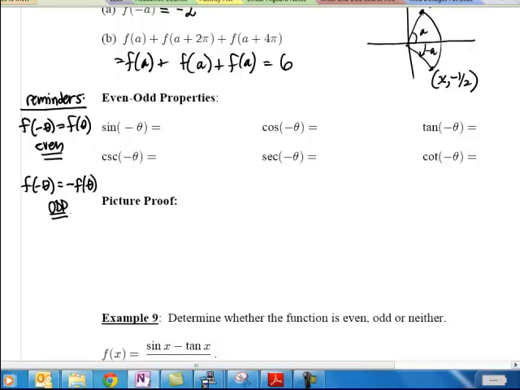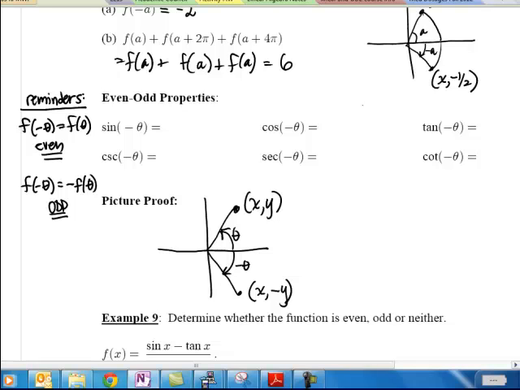So we want to know for each of the trig functions what's going on if we rotate the opposite way. So if I have theta this way, but negative theta that way, what will change for the function values? Well, if we think about it, we've got that point x, y, but if we rotate the other way, the x won't change, but the y will.